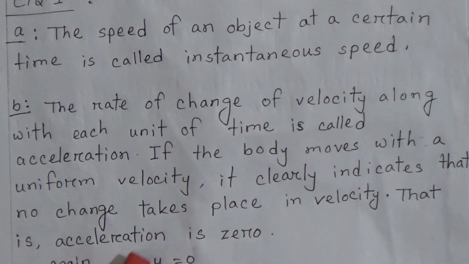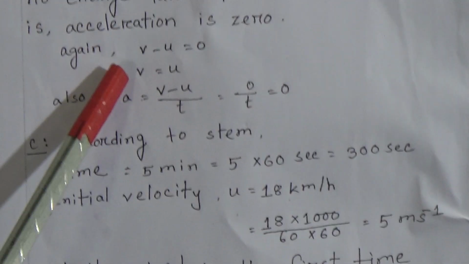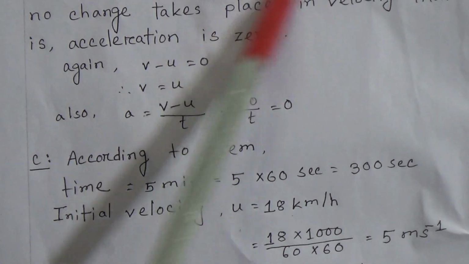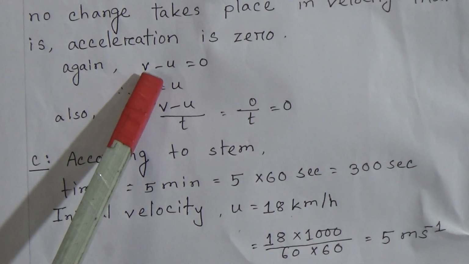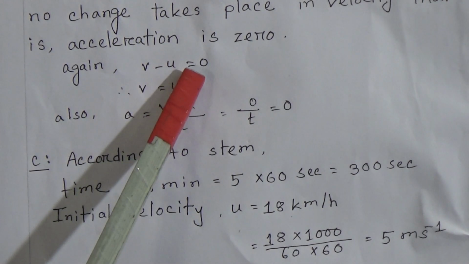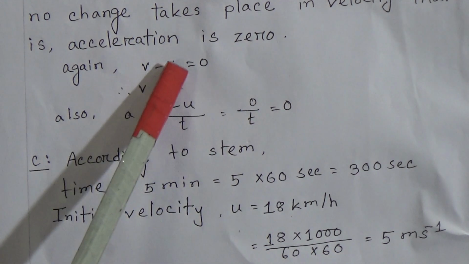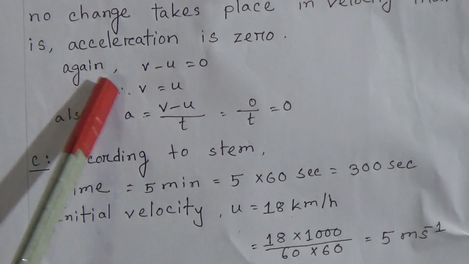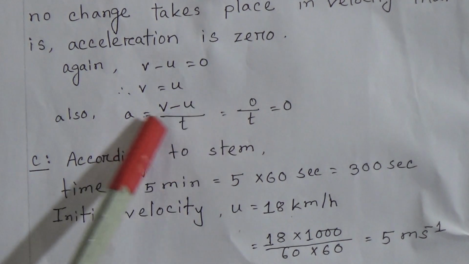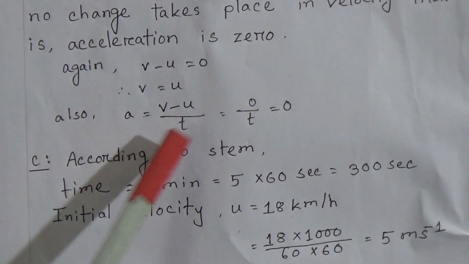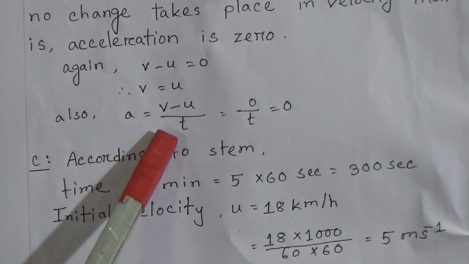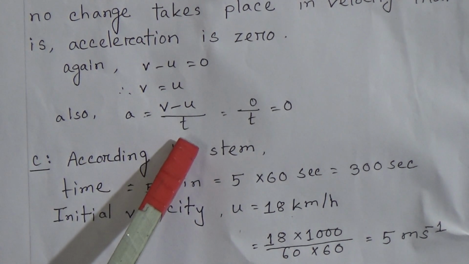That means acceleration is 0. There is no change in the velocity. That means the difference between final velocity and initial velocity is 0. That means v minus u is 0, so we get v equals u. Then acceleration a equals v minus u divided by t.